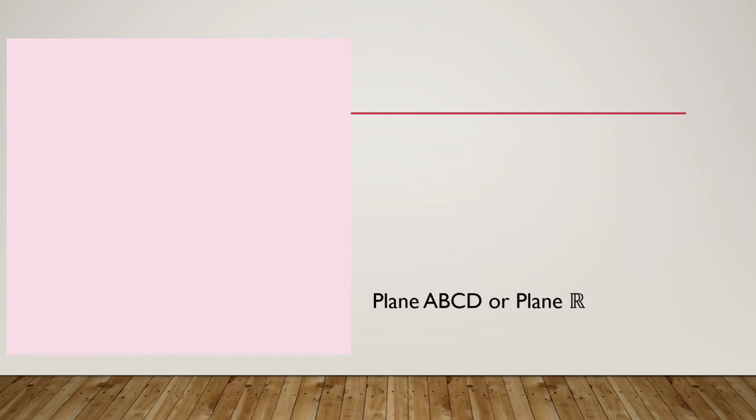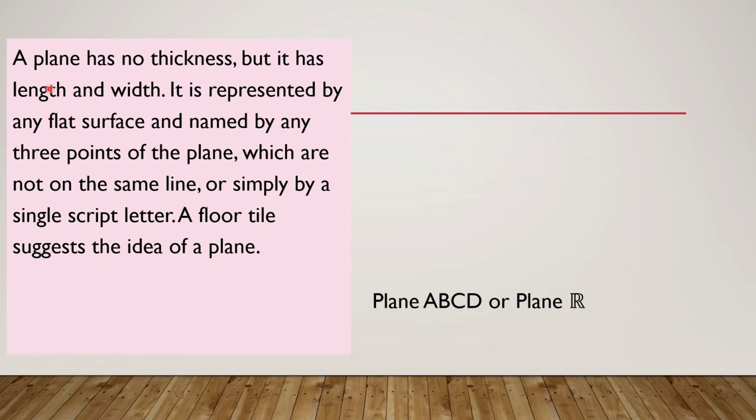Okay, next we have a plane. A plane has no thickness, but it has a length and width. Before this, the point had no thickness, no length, no width, or no dimension. Then the line has no thickness, no width, but it has a length.